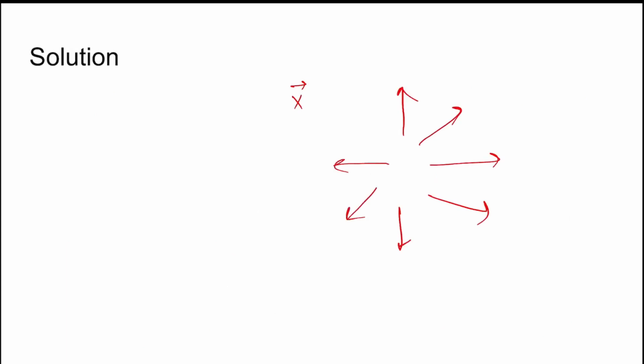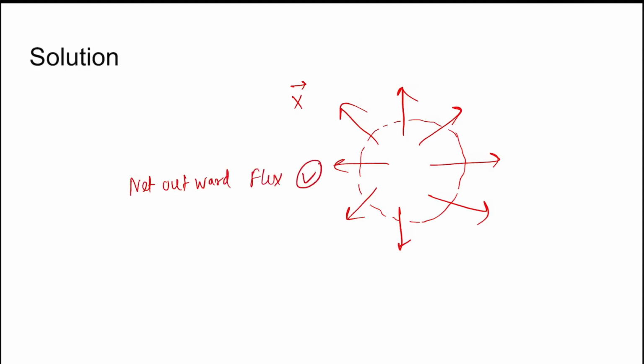If you draw an imaginary surface enclosing this vector field x, then you will see that net outward flux exists. So divergence of x is not equal to 0.